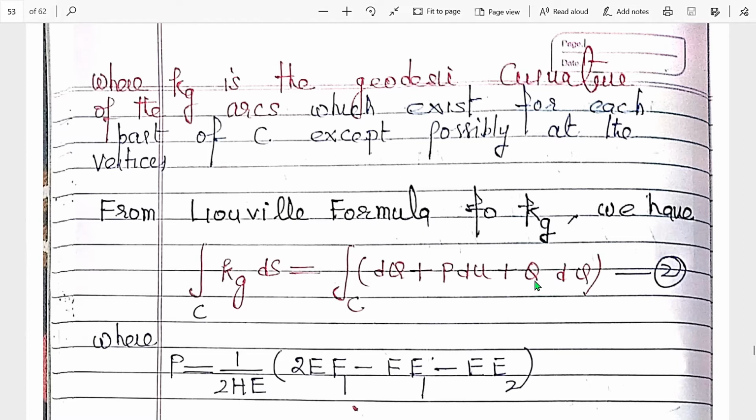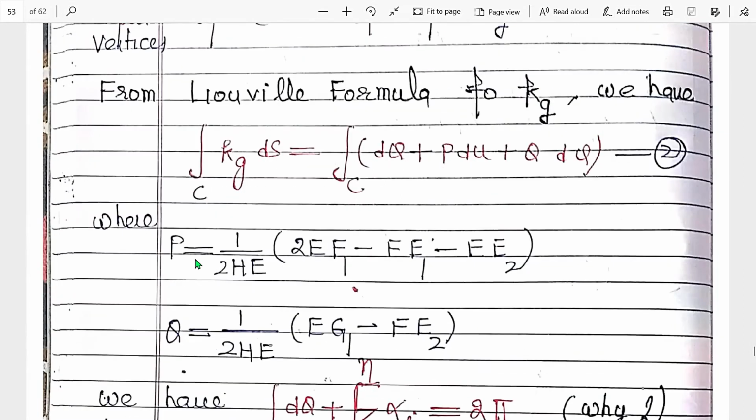Now in differential form, this can be written as kappa g ds equals d theta plus P du plus Q dv, where P and Q are the respective values.